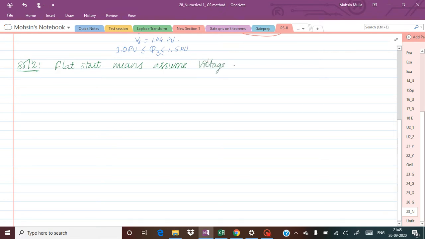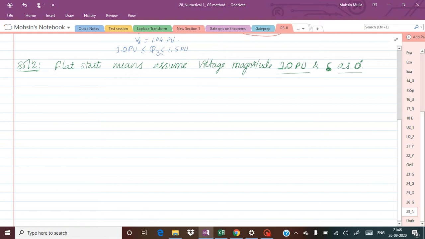For a flat start, the voltage magnitude is assumed as 1.0 per unit and the phase angle, that is delta, as 0 degrees. So that is simply what the flat start indicates. Our first assumption to begin the solution is to assume voltage as 1 per unit and angle as 0 degrees.